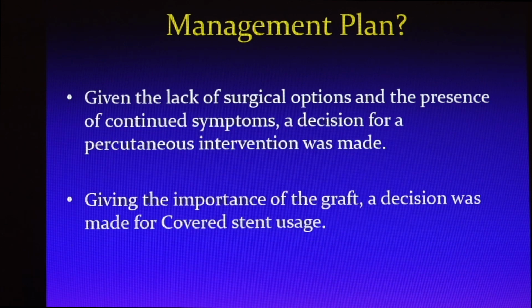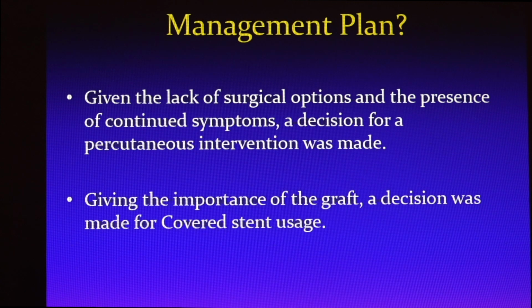So we decided to manage this with percutaneous interventions. The problem here is not only heart failure, where we close the aneurysm or fistula. There's also significant, very typical chest pain because of the ischemia on the right coronary side.